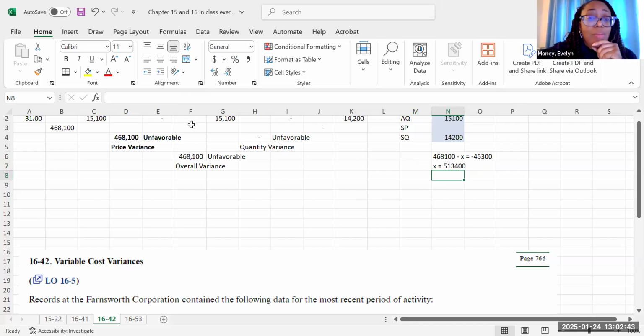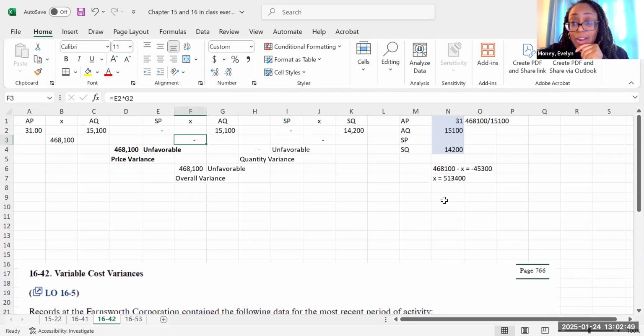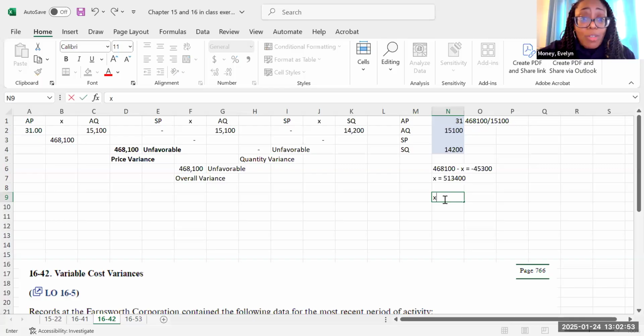So that means this number right here needs to be 513,400. How do I get it there? Well, in order to get it there, I'm taking X and I'm multiplying it by 15,100. So now I'm going to take 15,100 times X and set that equal to 513,400.